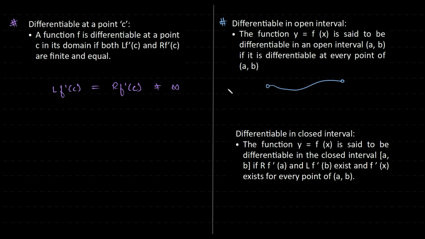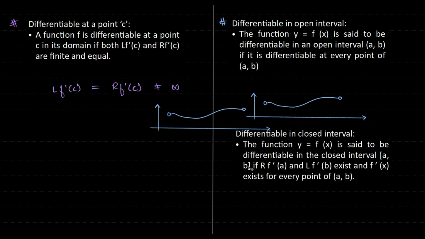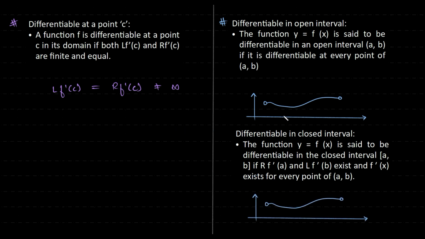This is the graph of f prime of x and this is x. So you take any point, we need to be able to satisfy this condition. That's it, as simple as that. So this is differentiable in an open interval.